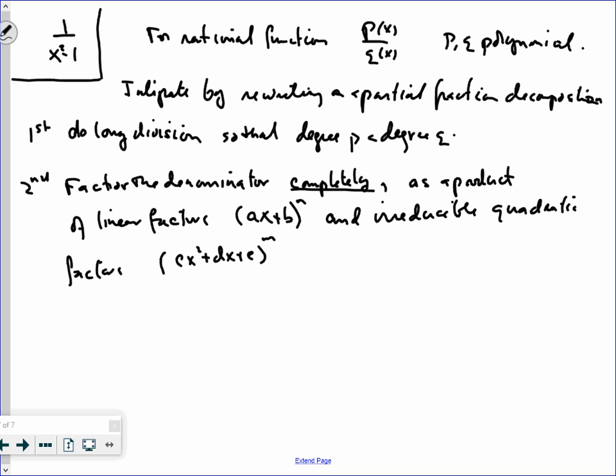Okay. Now, I hadn't really planned on doing this till yesterday, so let me see how I want to do this. This is the denominator.